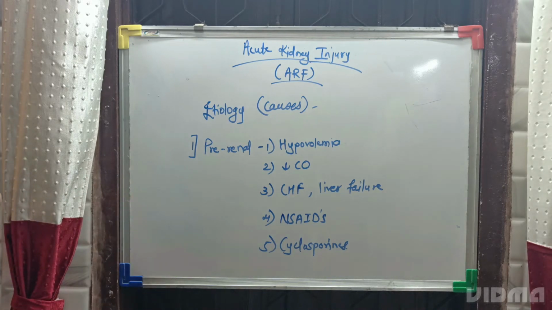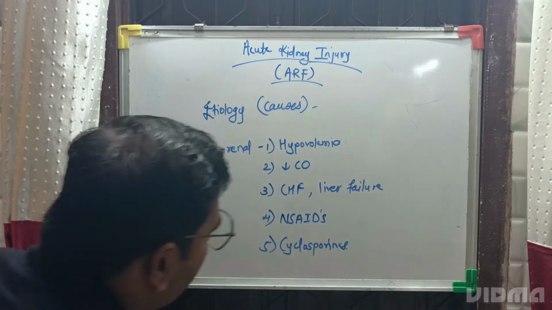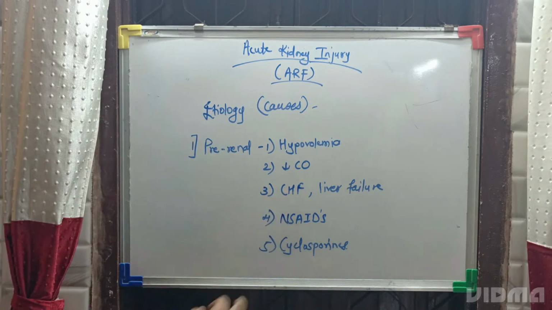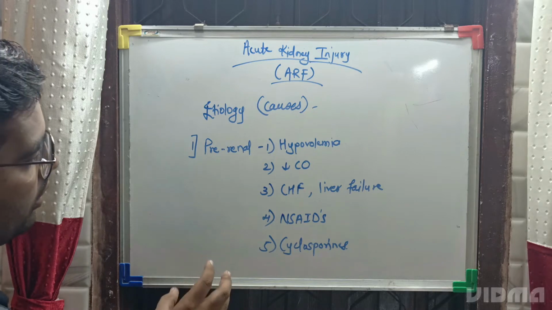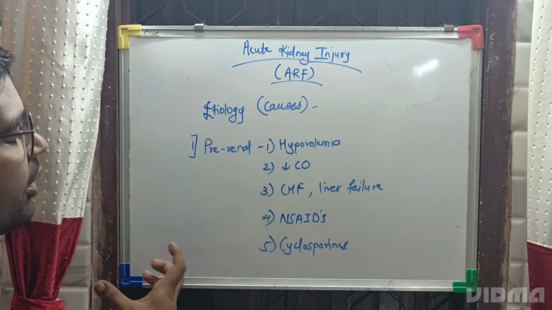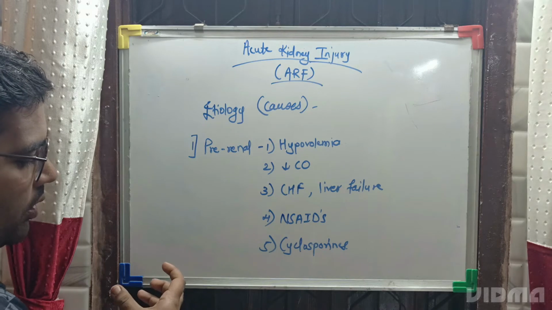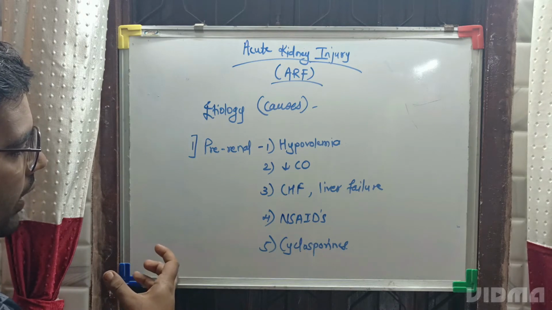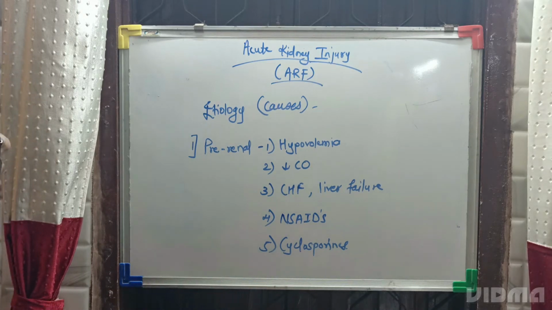Decreased cardiac output, congestive heart failure or renal liver failure, and NSAIDs, non-steroidal anti-inflammatory drugs, which cause vasoconstriction of the afferent arteriole. And the last one is cyclosporine.